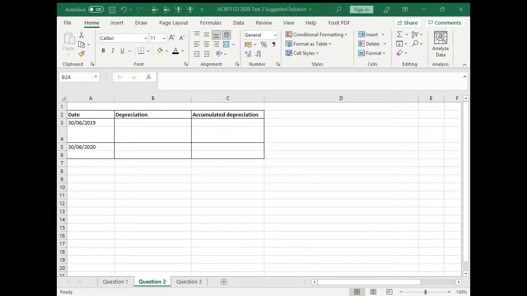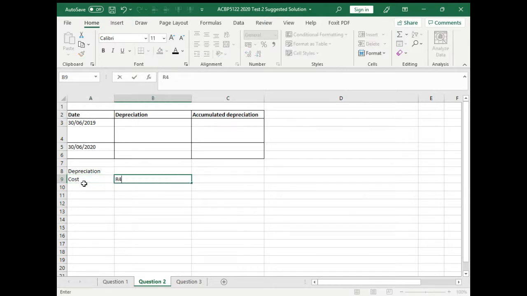Our cost was the 402,500, but we have to remove the VAT first. Okay, so let's quickly do depreciation. The cost of the asset is 402,500, and that is including VAT, so let me just put "including VAT" here.